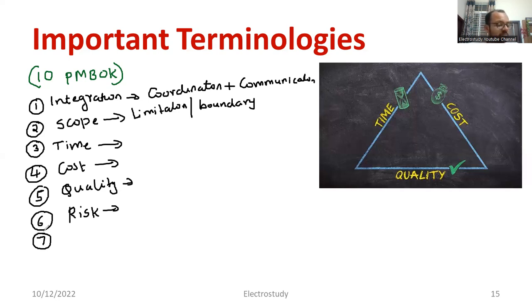The seventh one is human resource. Without human resource, nothing is possible. It is a scarce resource, we can say. So treat the human resource in an optimized manner. You have to utilize the human resource as much as possible. As a project manager, you should have good HRM skills also.